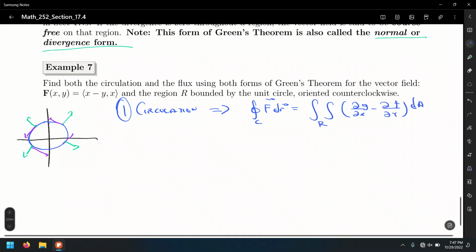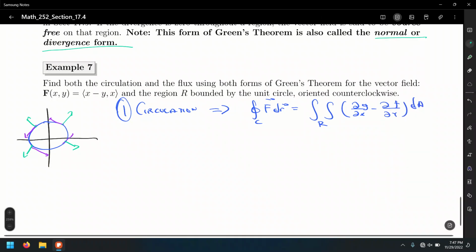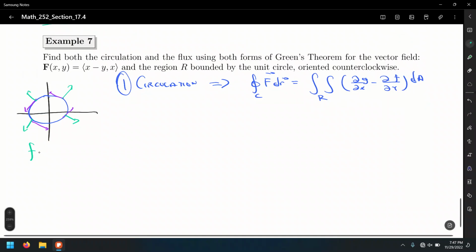So what do we have? We have F, which is x minus y, and G, which is simply x. So the partial of F with respect to y equals -1, and the partial of G with respect to x equals 1.